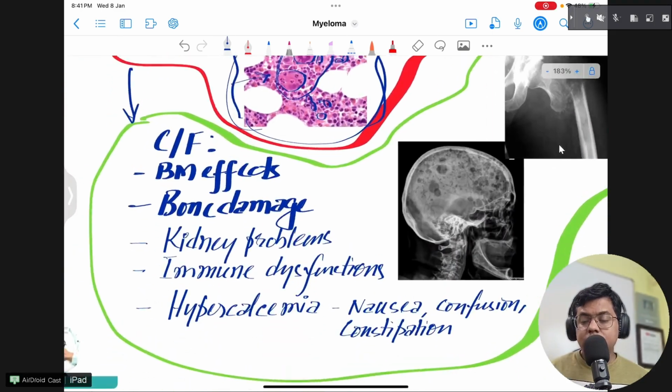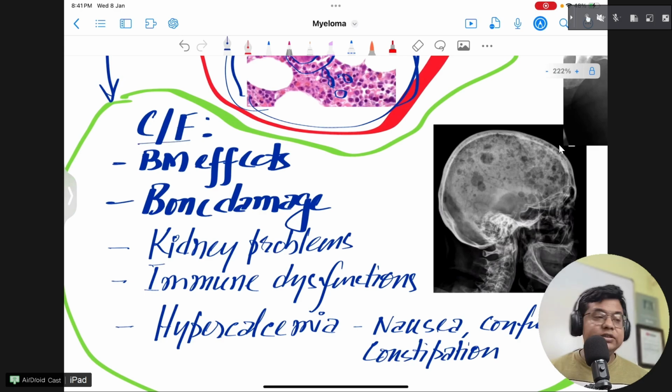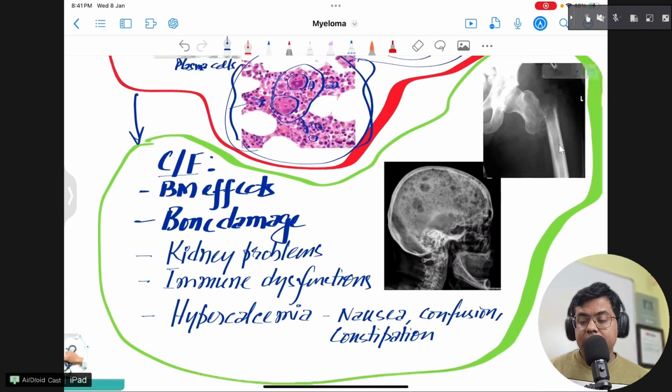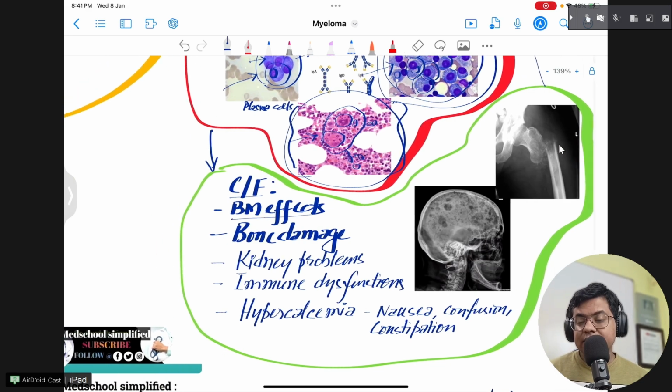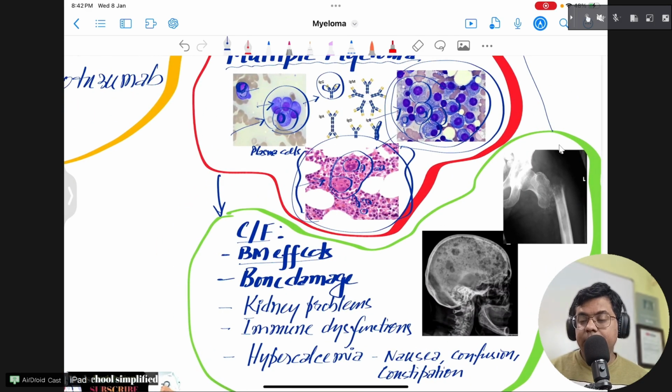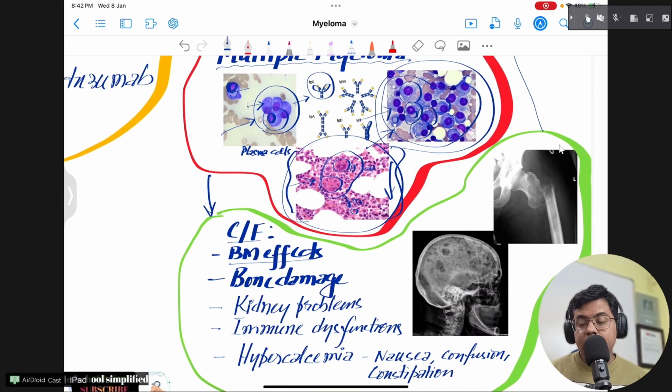Now, what are the clinical features of multiple myeloma? The first effect is the bone marrow effect. That means there is replacement of the bone marrow with plasma cells, and there is a relative decrease in the number of normal blood forming cells. So there will be anemia, there may be neutropenia, there may be thrombocytopenia.